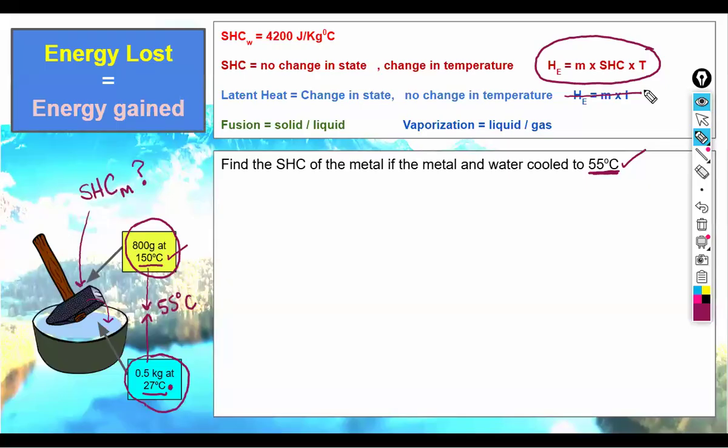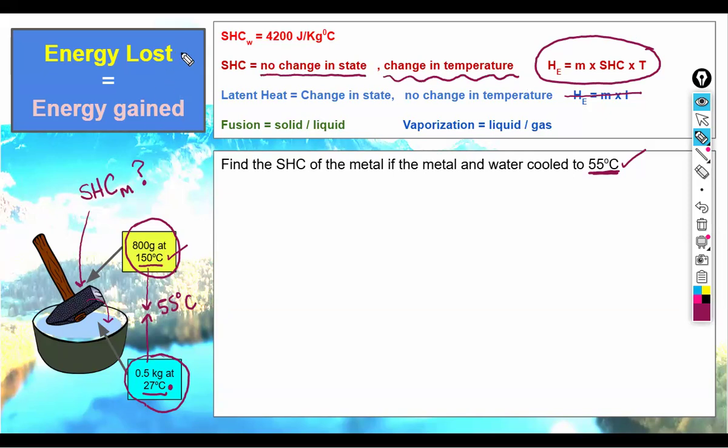There was no change in state with the piece of metal. And the water, as far as I could tell, the water was liquid at the beginning of the experiment. And at the end of the experiment, it's still water. There is no change in states. It seems that in this experiment, it only has a change in temperature. So it's the red formula.